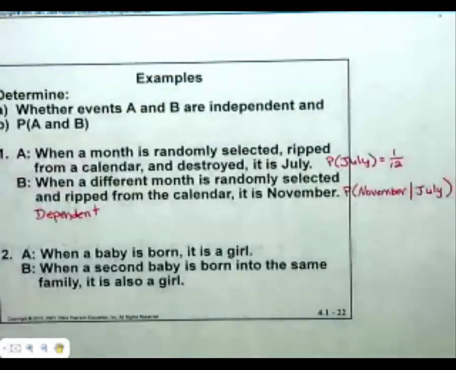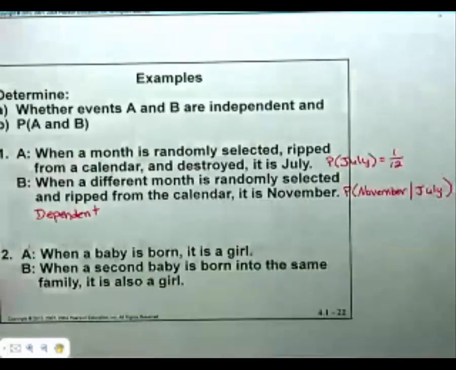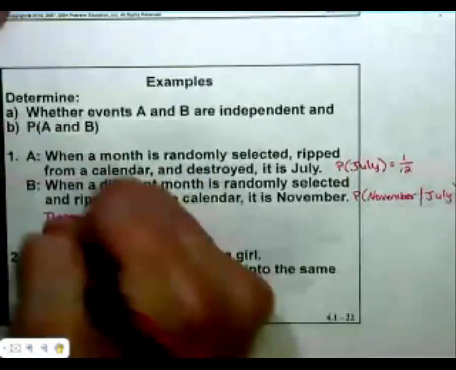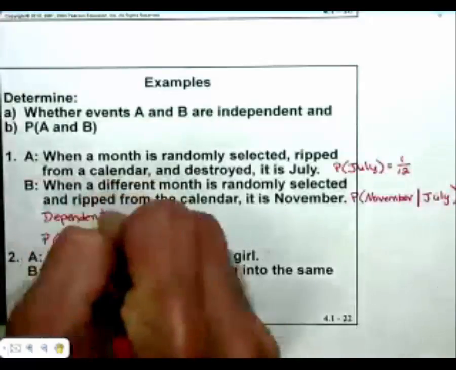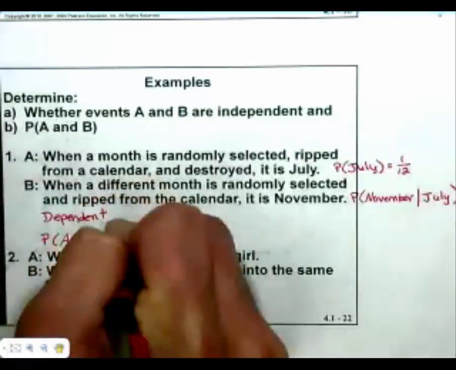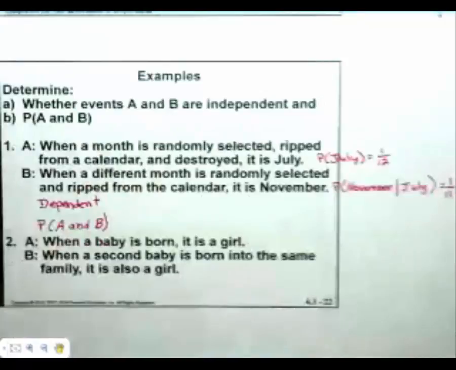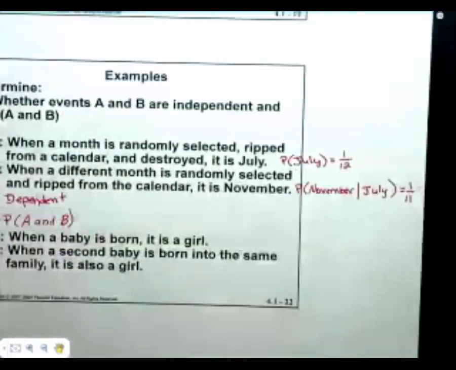Now that I have calculated these two probabilities separately, how do I find the probability of A and B? You multiply them. If it was A or B, you'd add them.